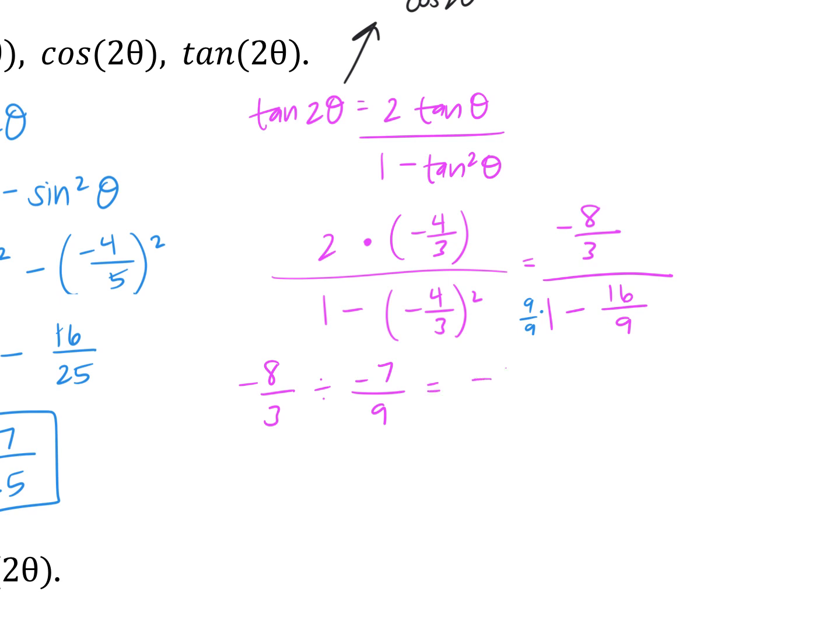Keep, change, flip. So this becomes negative 8/3 times a negative 9/7, and that would become a plus. And if I simplify my 3 with my 9, I end up with 24/7.